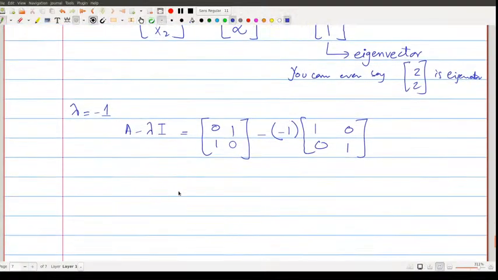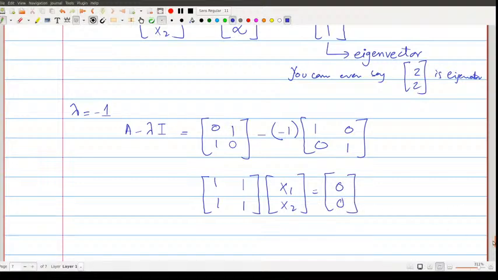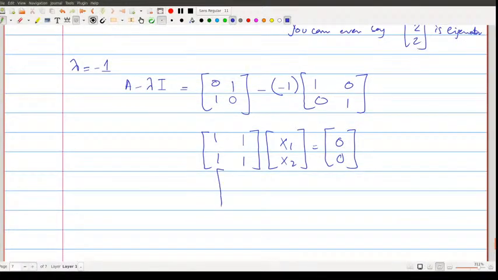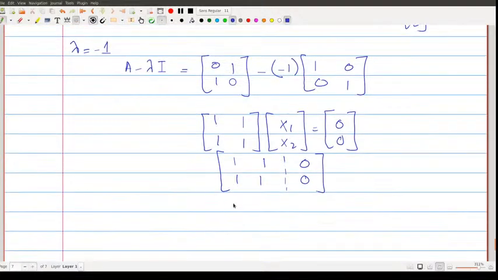We get A minus lambda I is simply 1, 1, 1, 1. So that's the equation that we need to solve: x1, x2, and then 0, 0. Let's do elimination. You don't really need to do elimination here. It's extremely easy to see because they're both the same equation, but if you want, we can do this.